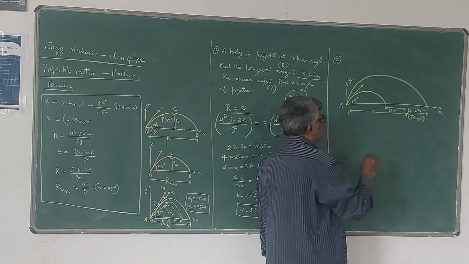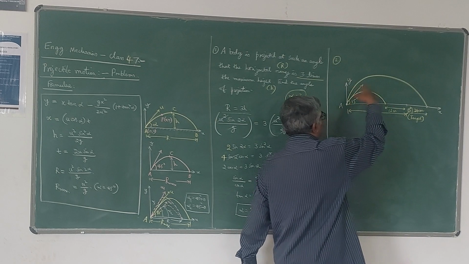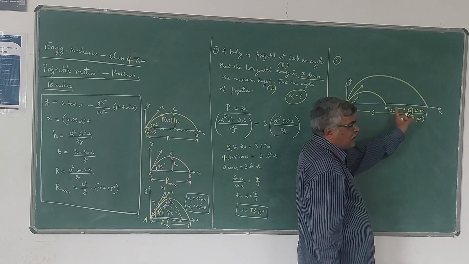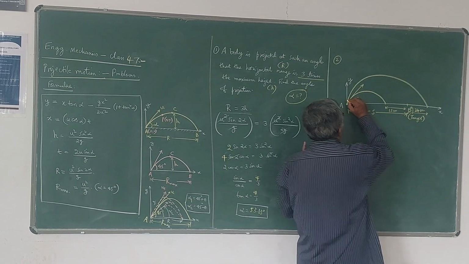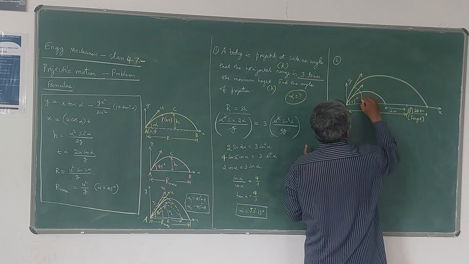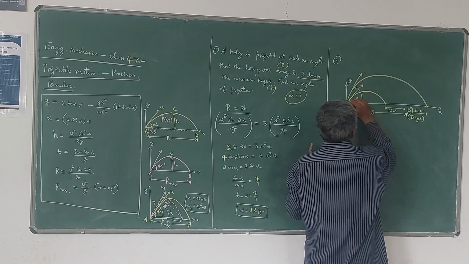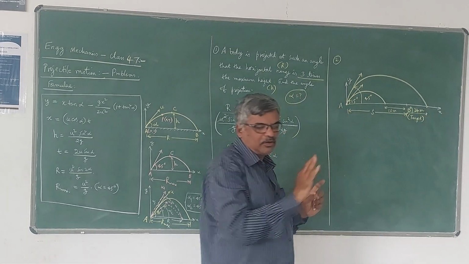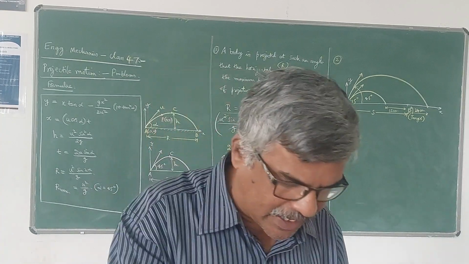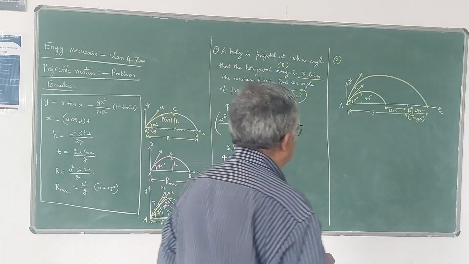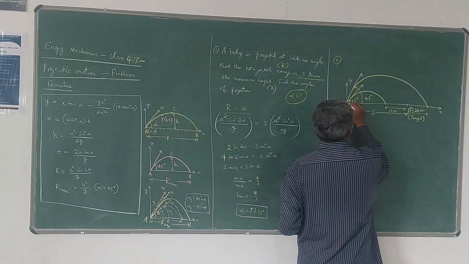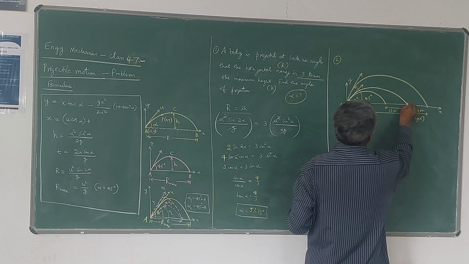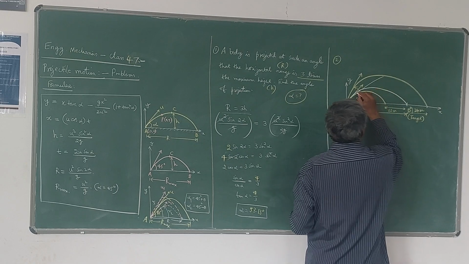So actually the target is B, but when it is projected at 15 degrees, it falls shorter by 12 meters, and when it is projected at 45 degrees, it falls away from the target by 24 meters. This is the question. Now the problem is, find the angle of projection to hit the mark. We have to hit the mark like this. What should be the angle of projection? This angle we have to find out.